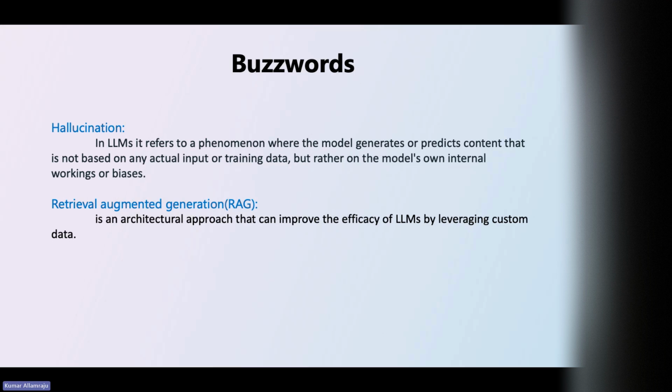For example, let's say you developed an HR chatbot and you asked, hey, give me some employee benefits in Microsoft or in your organization. You want the data to be in the context of Microsoft or your organization, not from someone else. So retrieval augmented generation gives you context-generated data, right?